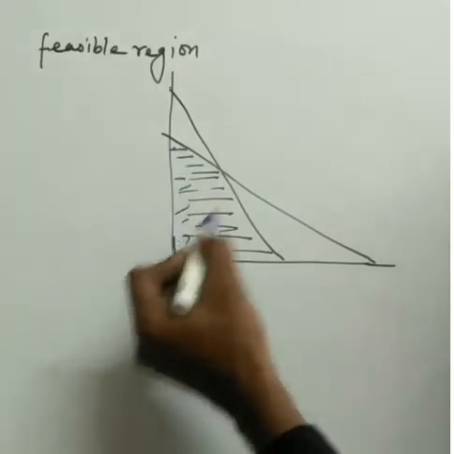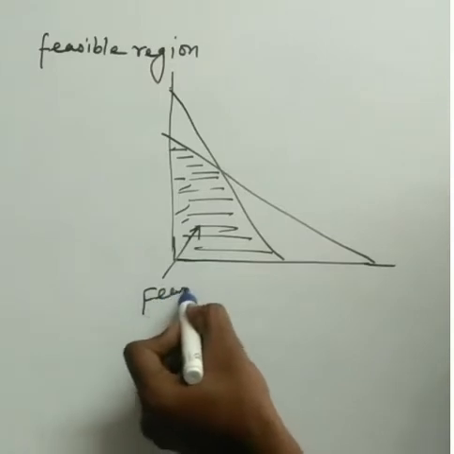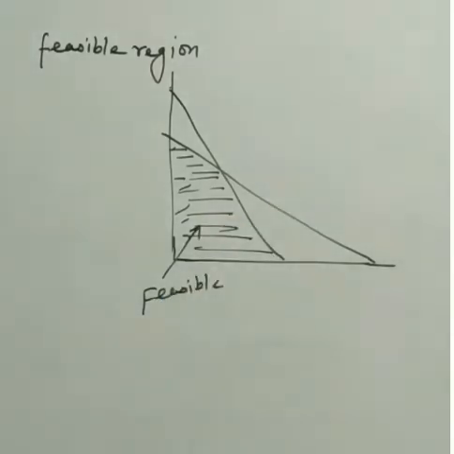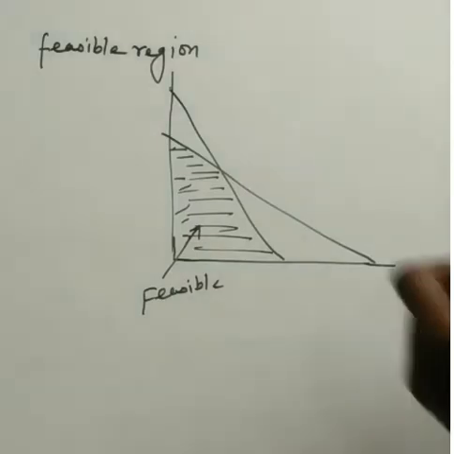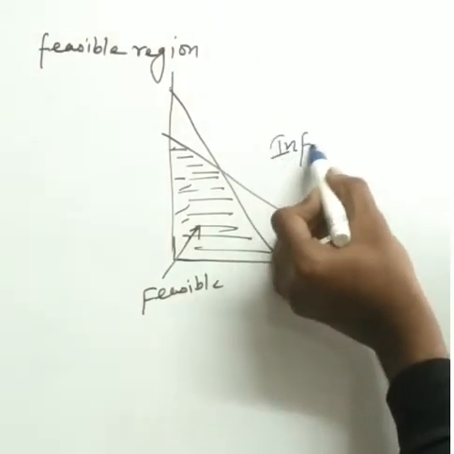This region is known as the feasible region. The region which satisfies the given inequalities is known as the feasible region, and the region other than this is known as the infeasible region.